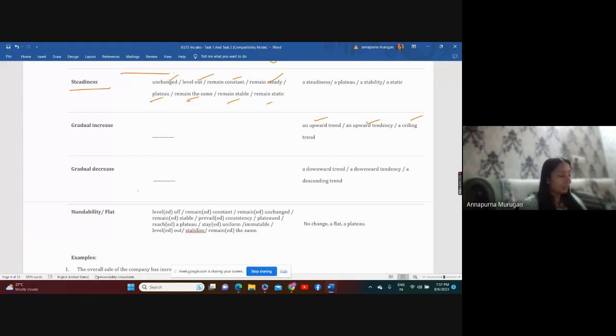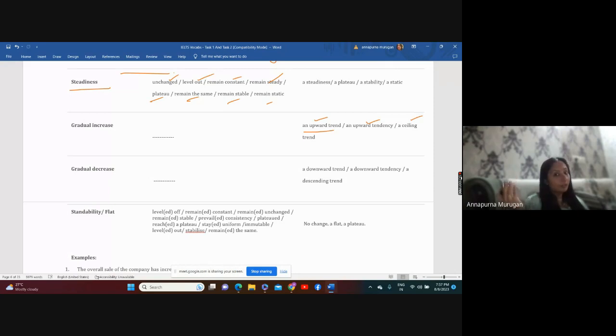The gradual decrease, in the noun form only we'll be using. Noun form in the sense that we'll be using it as a noun or as a subject. It won't be acting like an action, but it will be a point of discussion, the name of the point of discussion. So the downward trend could be noticed in the petrol prices, meaning the petrol prices have been consistently decreasing.